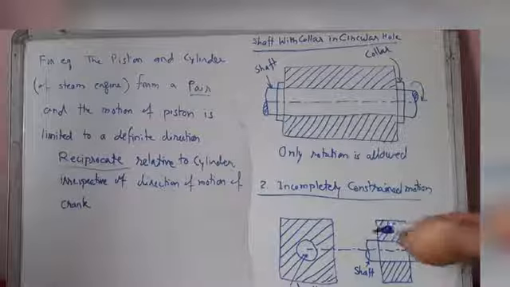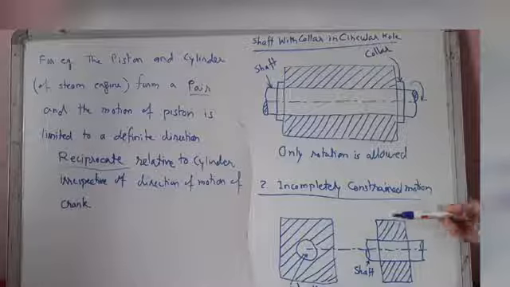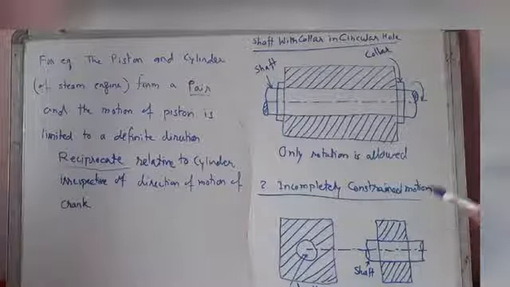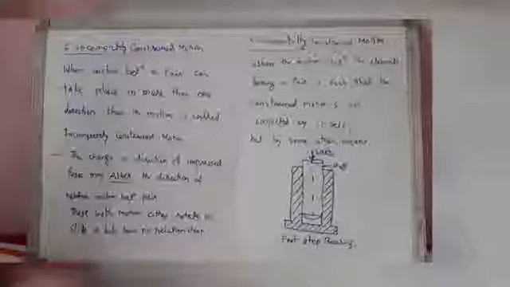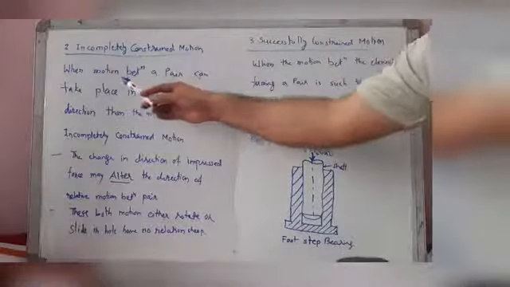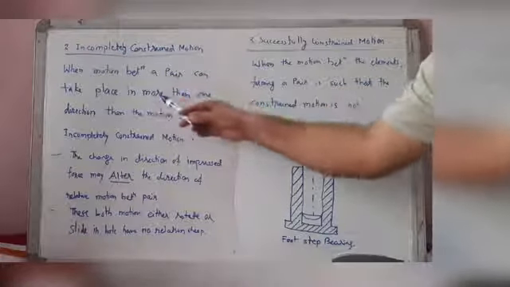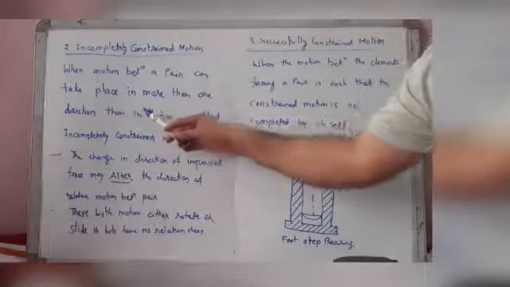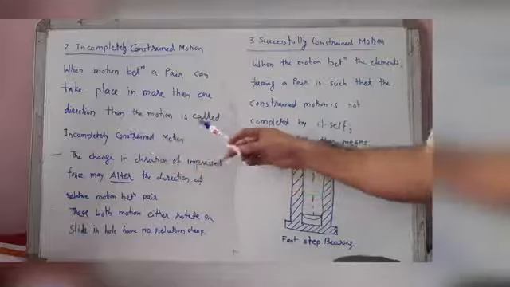So this shaft can rotate and it can go in and out, meaning two types of motion are allowed. When motion between the pair can take place in more than one direction, the motion is called incompletely constrained motion.